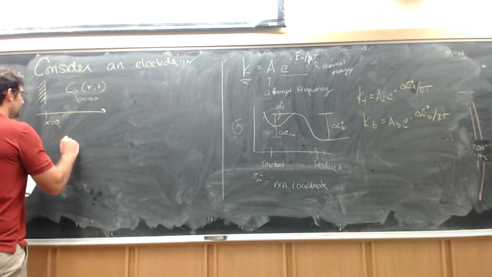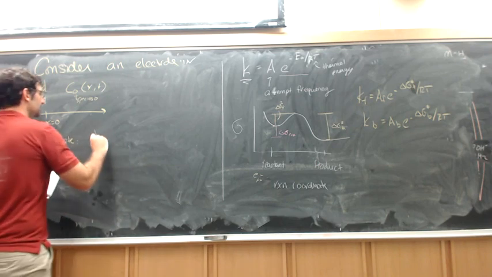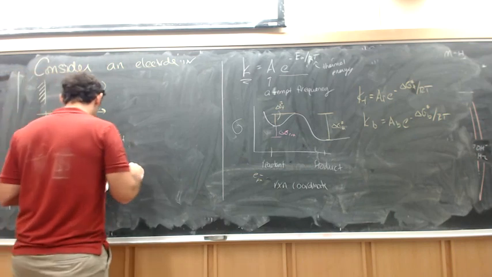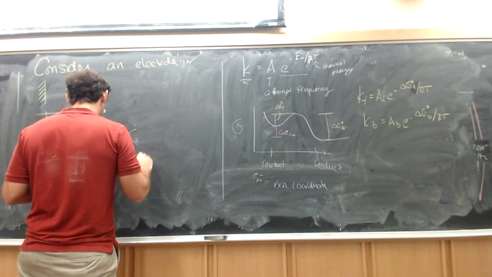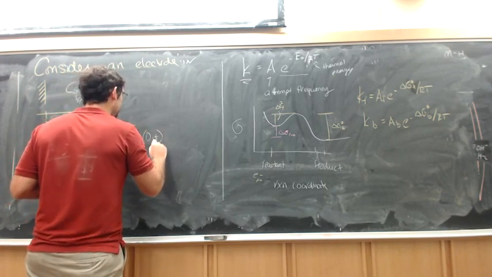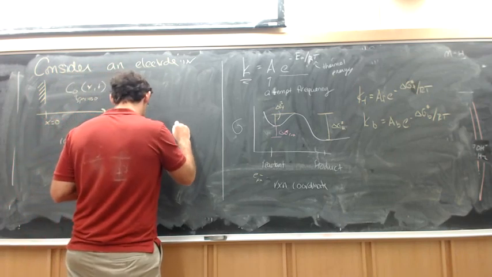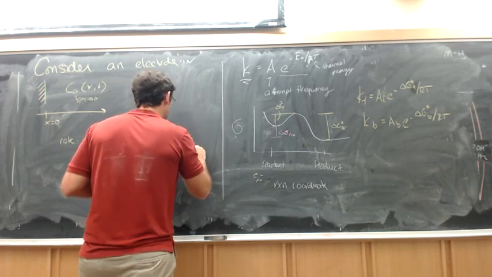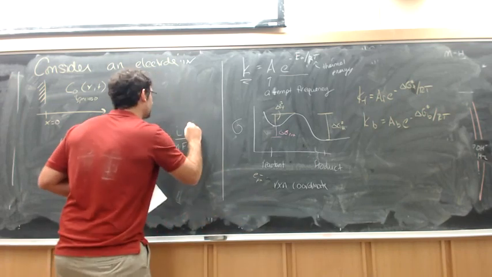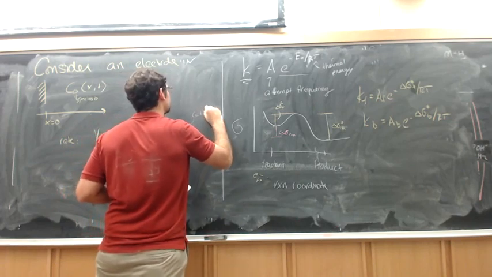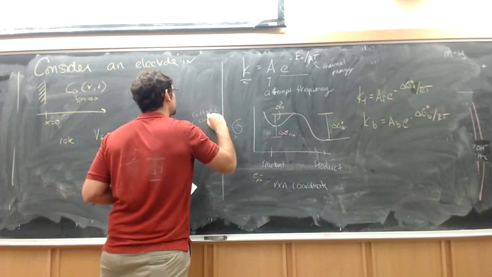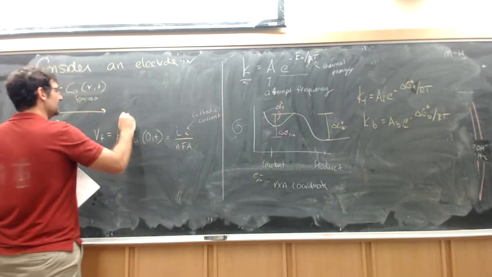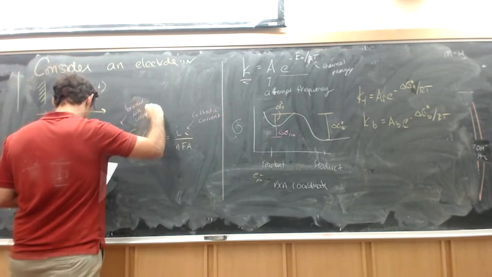And I can write the rate of the reaction, v forward, the reaction velocity, equals k_F times the concentration of O at 0, t, equals i_c over nFA. So this is going to be called the cathodic current. Cathodic means reduction.